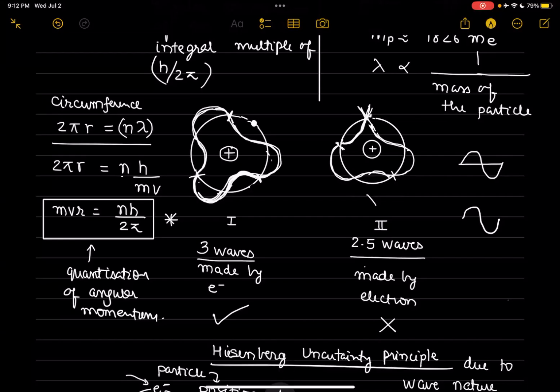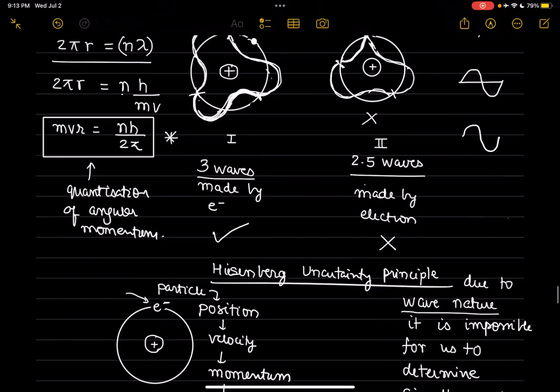So because of the wave nature, you need to put complete waves, four waves, five waves, three waves, in the whole circumference of the orbit. This is the wave of the electron, and that puts the limit on the circumference of the orbit. It should be in multiples of lambda. 2 pi r equals n lambda, and when you cross multiply it, you get mvr equals nh upon 2 pi.